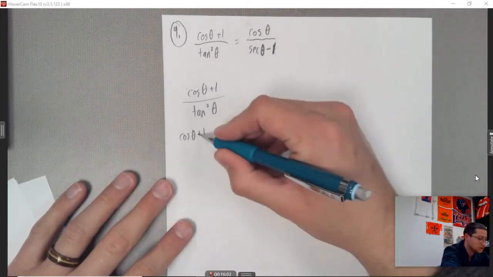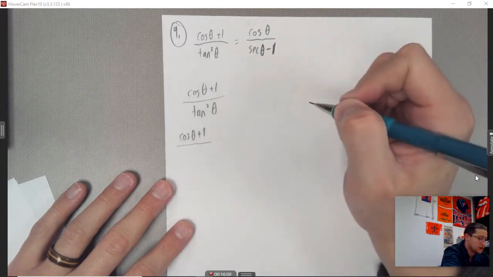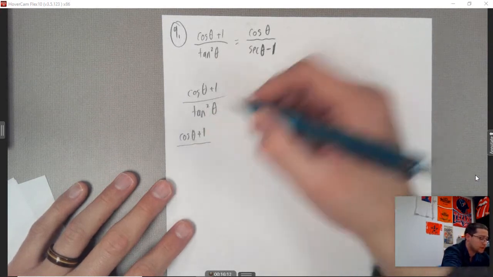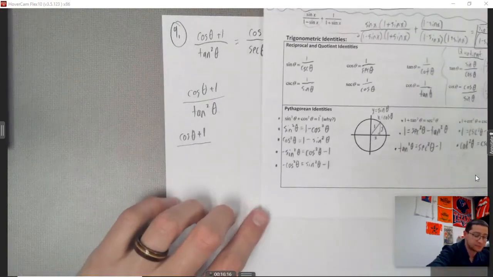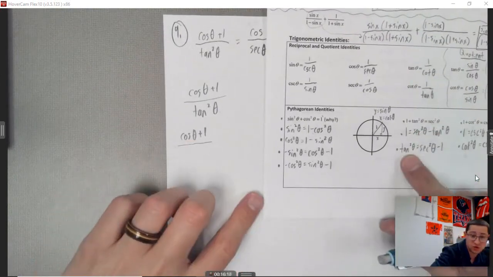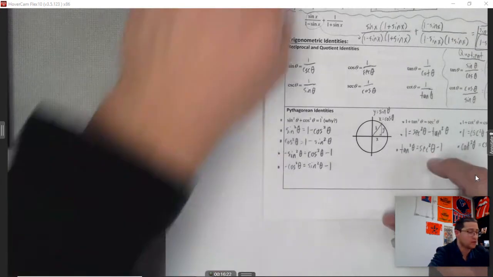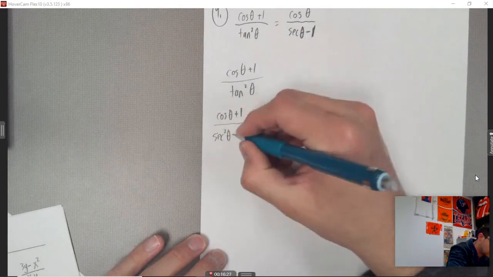So we've got cosine plus 1, and up here we've got tangent squared, so we're going to replace it with the Pythagorean identity. Tangent squared is secant squared of theta minus 1. So let's do that: secant squared of theta minus 1.